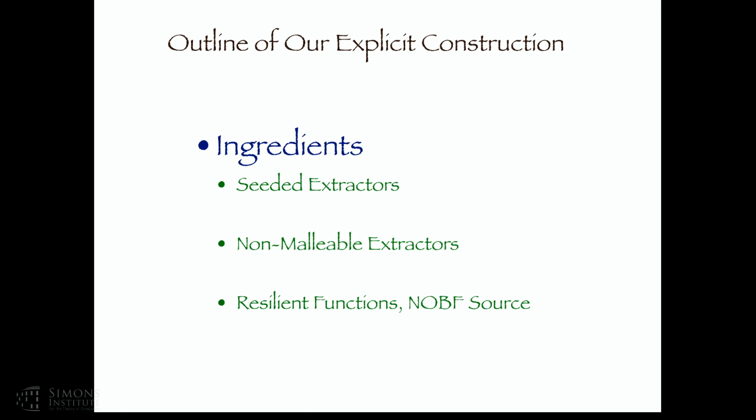Right. Okay, so the ingredients are seeded extractors, which some of you have already seen in the bootcamp. Slightly fancier extractors called non-malleable extractors, resilient functions, and we'll look at some kinds of sources.